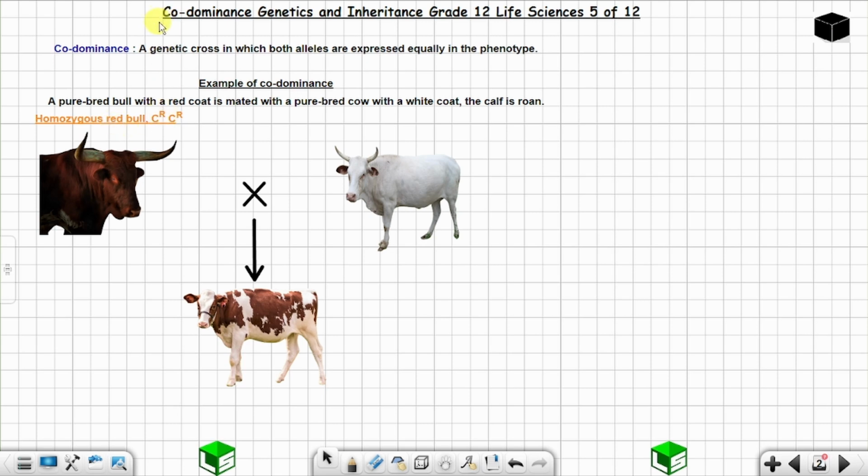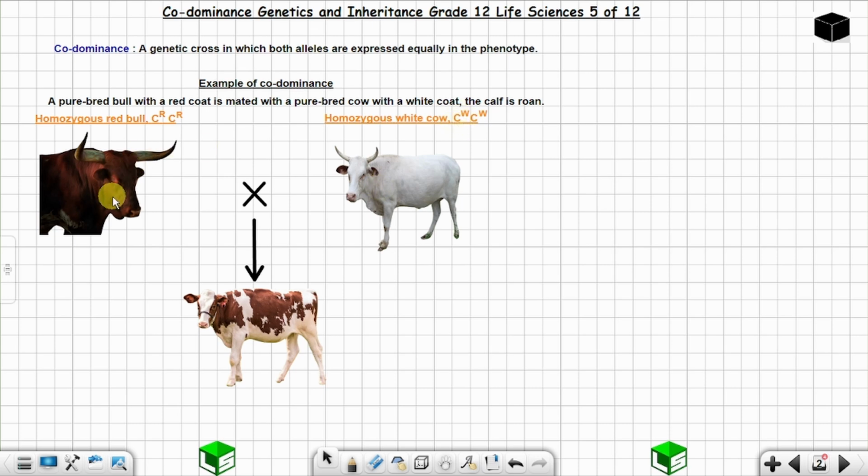For codominance, you're going to have the letter C with superscript, just to avoid confusion between codominance and incomplete dominance. So this is a purebred, homozygous white cow.